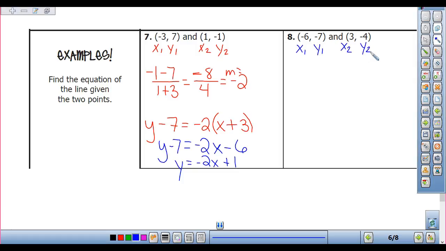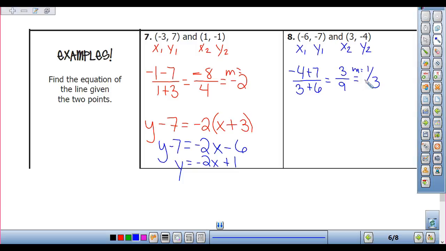Everybody's got to find their slope right now. Everybody get m equals 1/3?